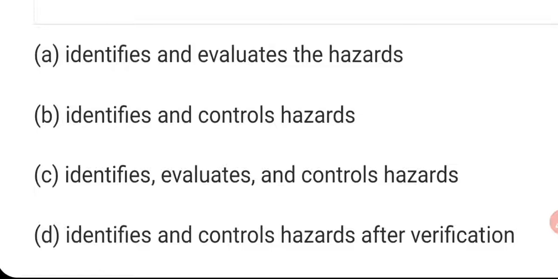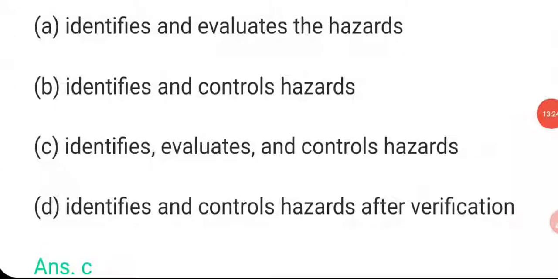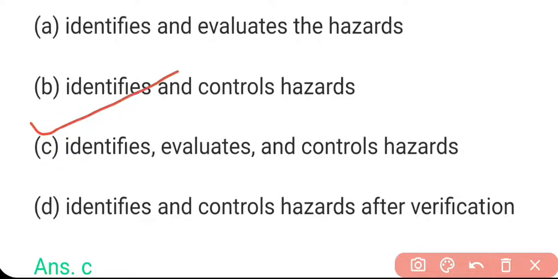So the first thing, what is HACCP? HACCP is defined as what? That you have to know. As per Codex, HACCP is defined as a system that identifies the risk, evaluates the risk, and controls the risk or the hazards.